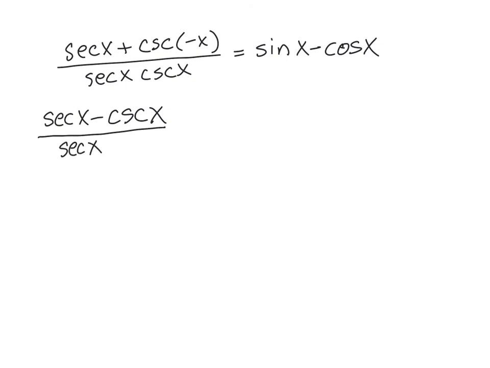Now remember I said earlier that the first thing you want to do is change everything to sines and cosines, but I also said there's an infinite number of ways to do these things, right? So I want to show you really quickly. If I change everything to sines and cosines, I'm going to end up with some nasty fractions. But you see how this is multiplication on the bottom? There's no adding or subtracting.